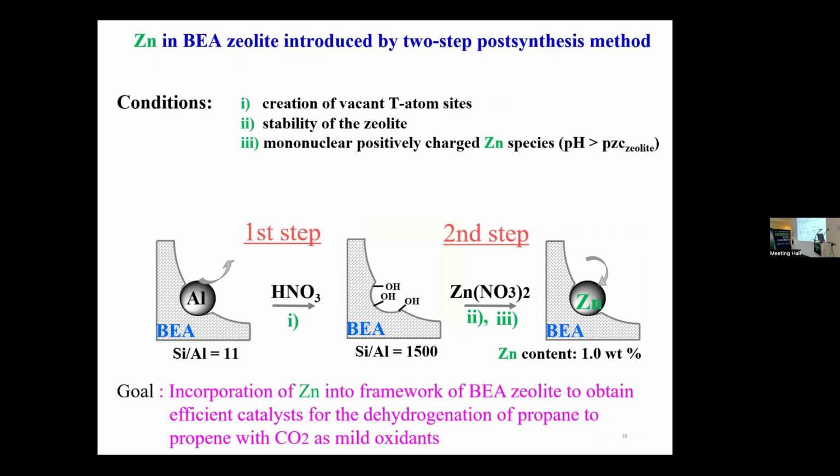So here we form zinc beta zeolite, and for example, we prepared Zn beta zeolite with 1 weight percent, and then we use this catalyst for dehydrogenation of propane to propylene using CO2 as a mild oxidant.